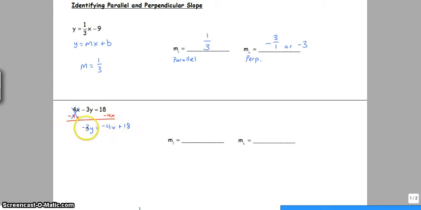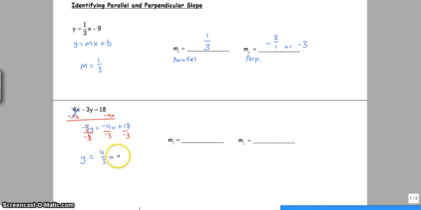I do not have this solved for y quite yet, so I have one more step. I need to divide all terms by -3 to cancel my -3's and leave me with just my y on the left of the equal sign. Negative divided by a negative is positive 4/3 x.